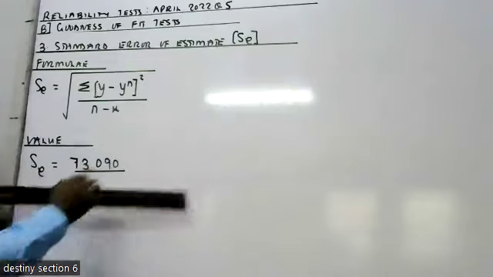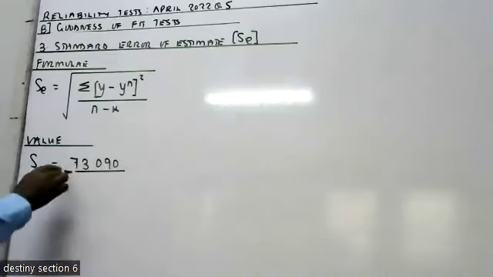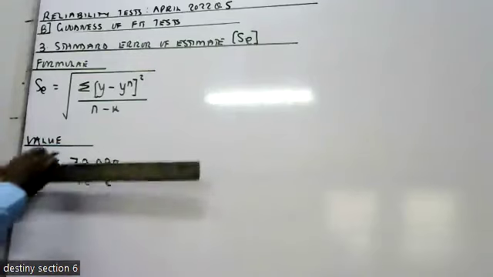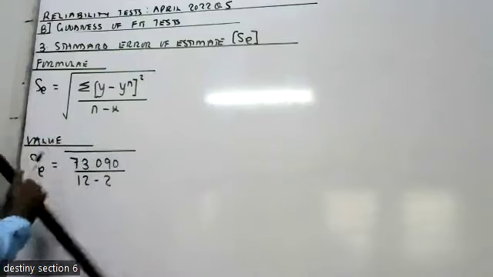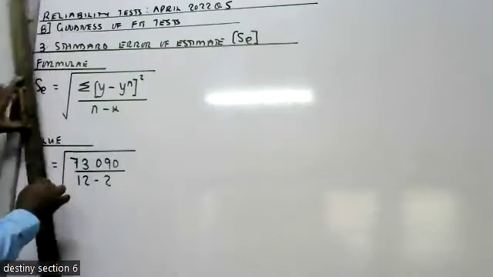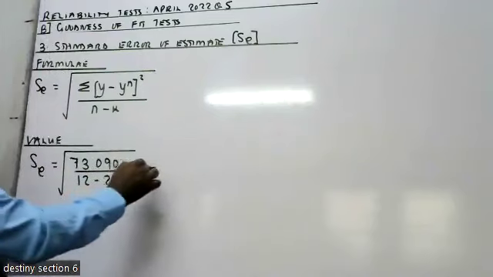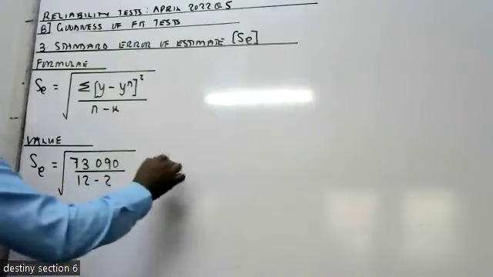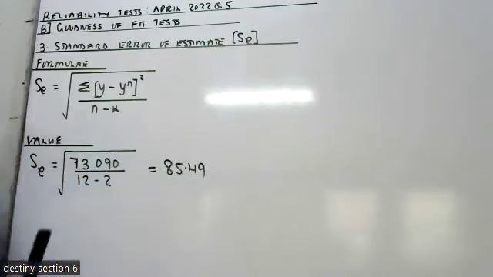Now this one, you divide by N, which I've already said is 12, and K, which I've also said is 2. So 73,090 divided by 10, square root of the answer is 85.49.